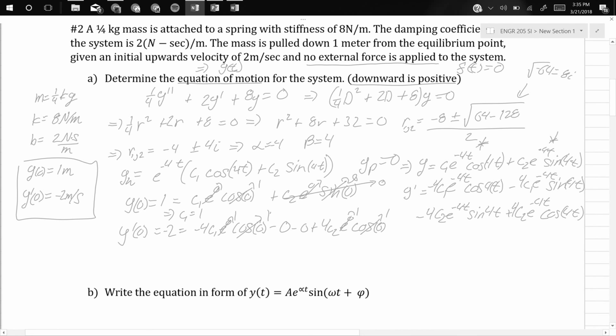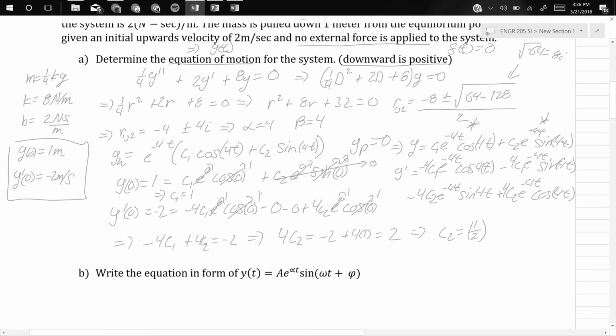So this implies negative 4 c1 plus 4 c2 equals negative 2. Since c1 is equal to 1, we get 4 c2 equals negative 2 plus 4 times 1, which equals 2, which implies c2 equals 1/2.